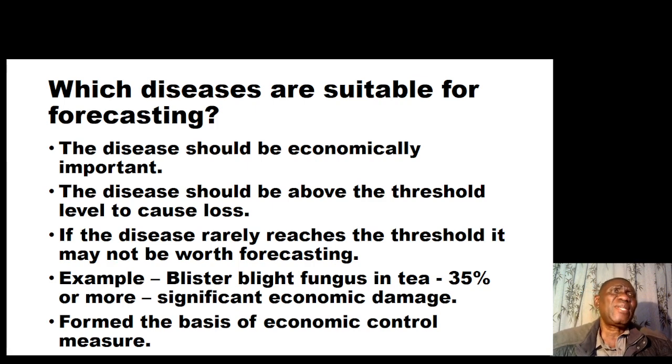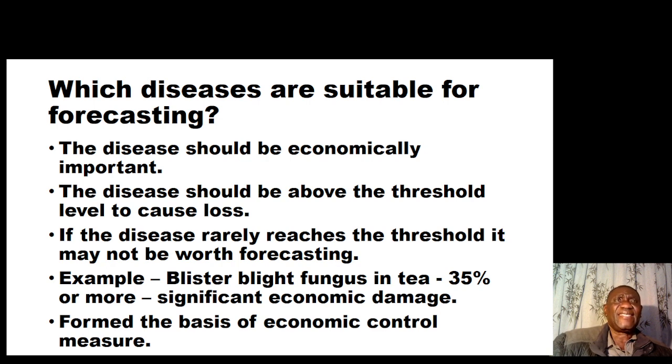Now, which are the diseases which are suitable to do forecasting? The disease should be economically important. The disease should be above the threshold level to cause loss. If the incidence of the disease is very low, probably there's no need to do the forecasting.